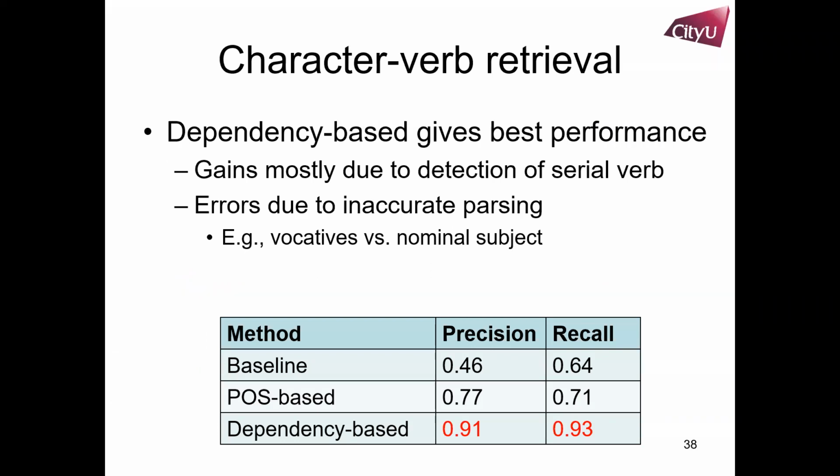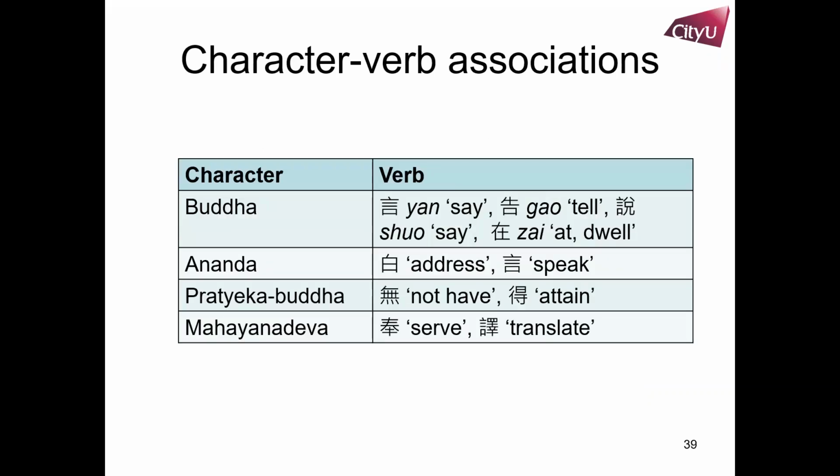We did find that using dependencies did help in the accuracy, despite our relatively small manually annotated tree bank, over just using part of speech and a baseline of just co-occurrence in the sentence. Here are some character-verb associations that we're able to mine. There is Buddha, whose most frequent action as depicted by verbs in the canon was to speak.